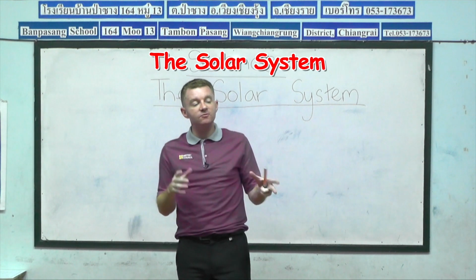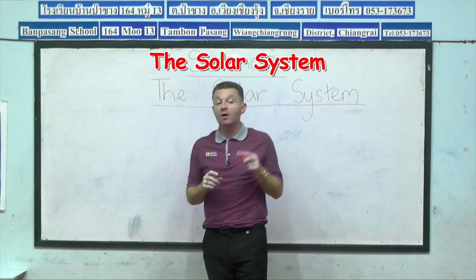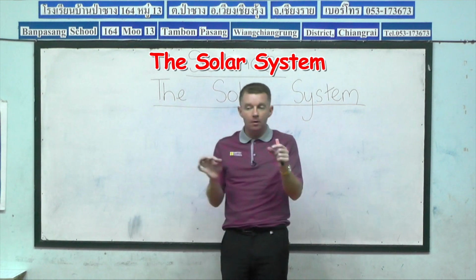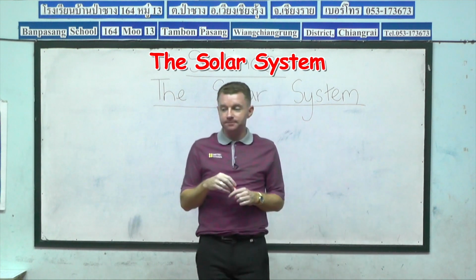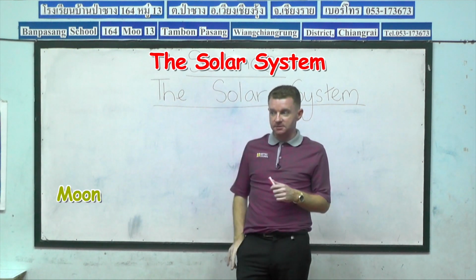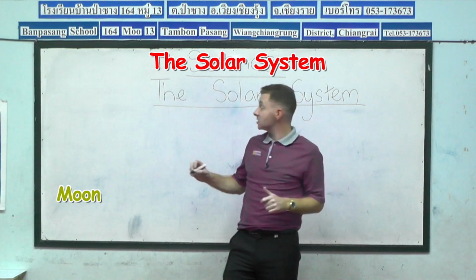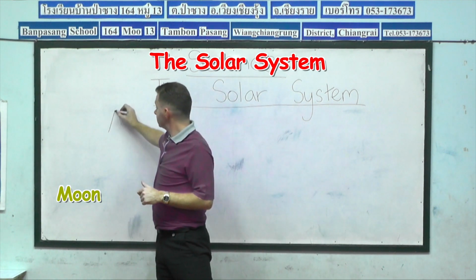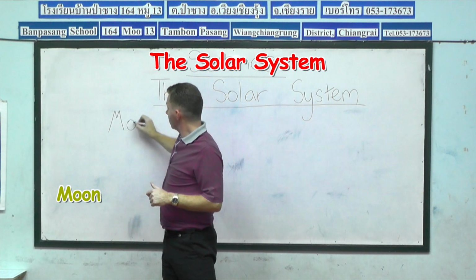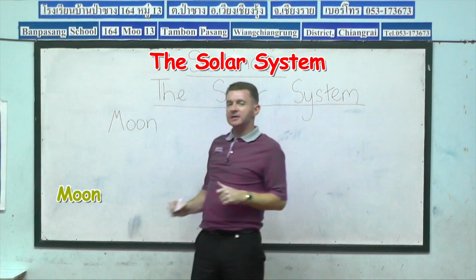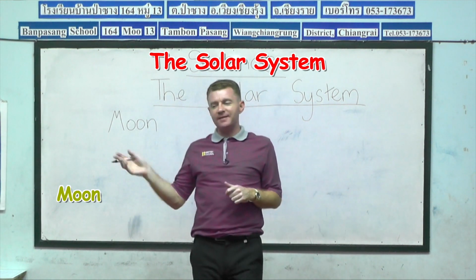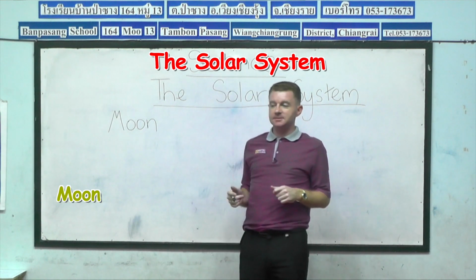Now, who can give me some examples of objects, of things they might see in the sky? The moon, yes. The moon is an example of an object in the solar system. M-O-O-N. Now, do we see the moon at daytime or nighttime? Nighttime, yes.